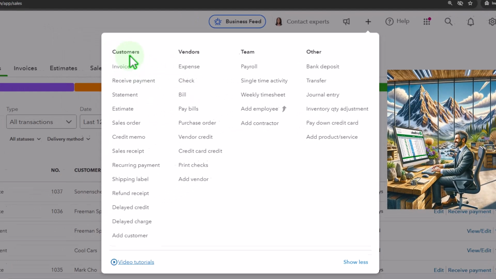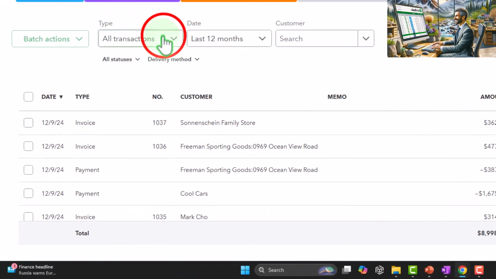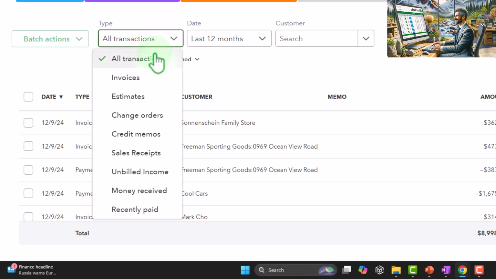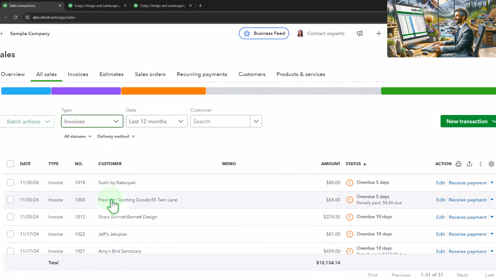So now we have the capacity under the sales tab to sort by forms that are under the customer center. So we have all transactions, so we can look at all transactions and sort them. Most likely the main form that we're going to look at is the invoices, because that means that we invoice the client, accounts receivable went up, and if it's unpaid, we're going to look for those unpaid invoices.